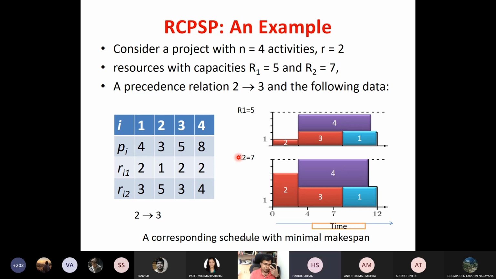So for each resource and each process, there is a corresponding time that the process requires that resource. PI is given. Suppose task one says that I require, for 4 days, 2 plumbers and 3 electricians.